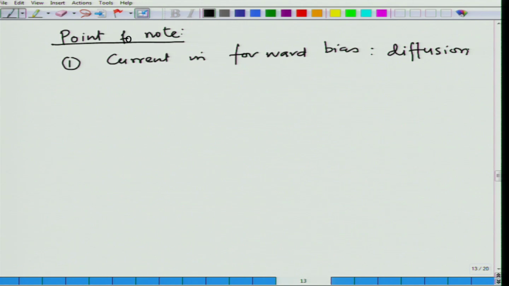Because of the high concentration of carriers in the n type and the barrier becoming less, you have a large amount of diffusion and injection of minority carriers in the p type, that leads to the current.